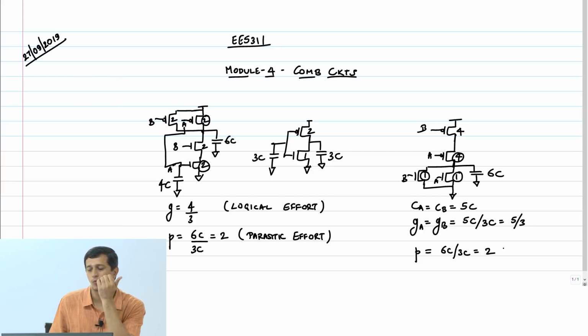Okay. So what is the logical effort for an n input NAND gate and an n input NOR gate? Can you calculate that now?